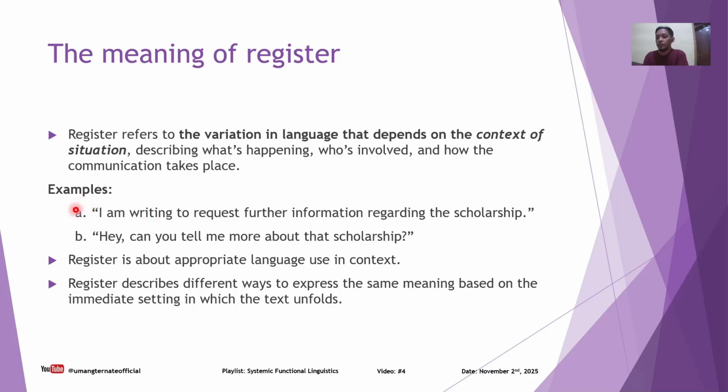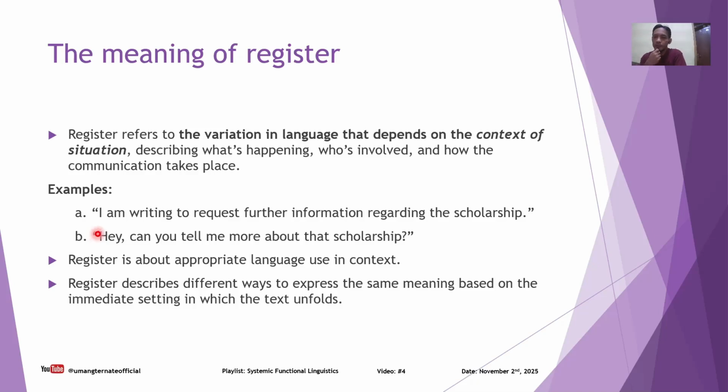But when we see example A, we can identify the situation: oh, this is a formal situation. This text is created in a formal situation. Meanwhile, example B is maybe in an informal situation.